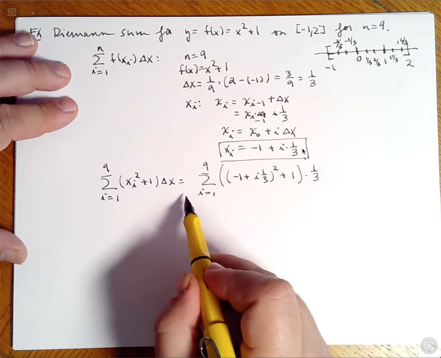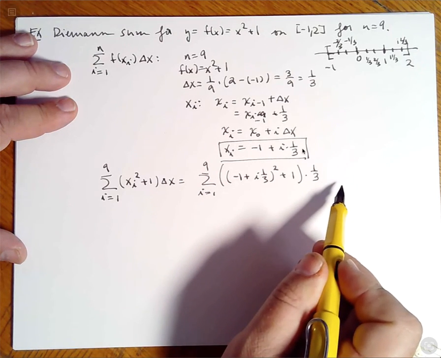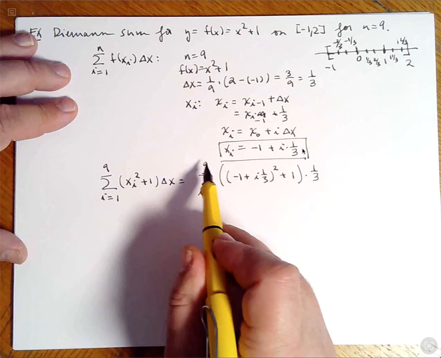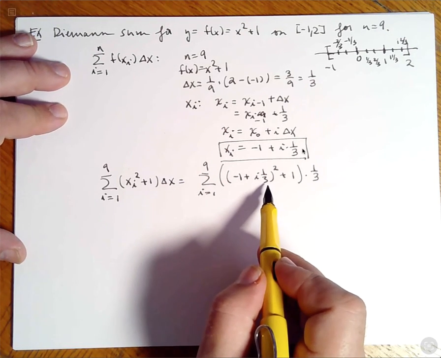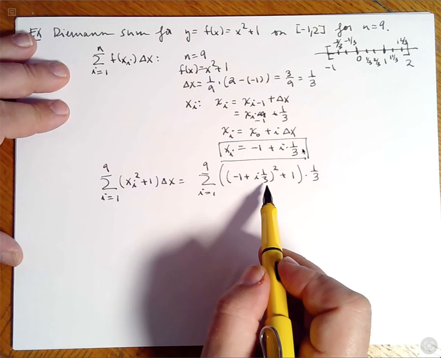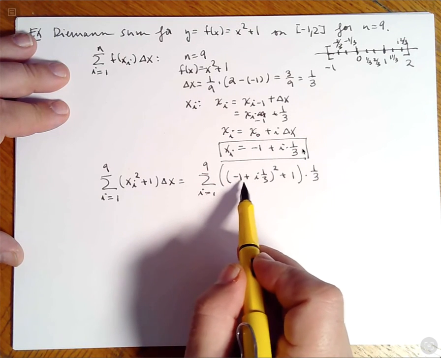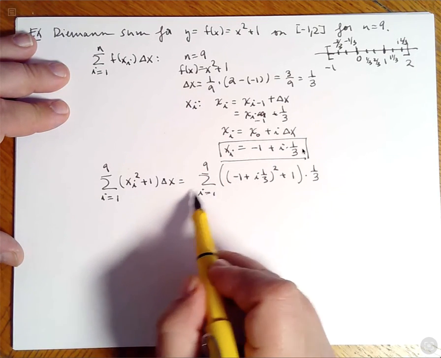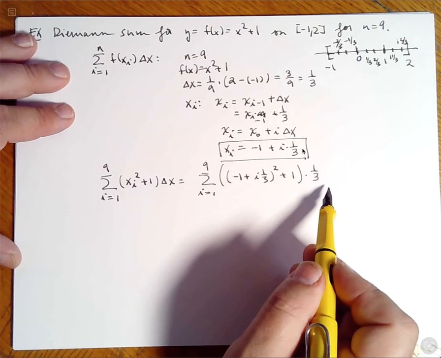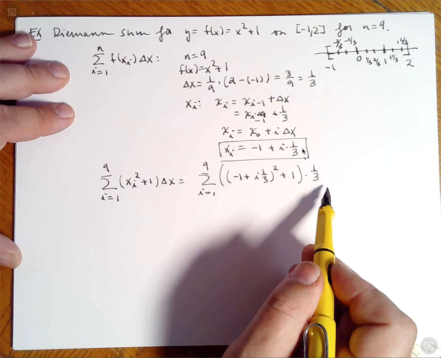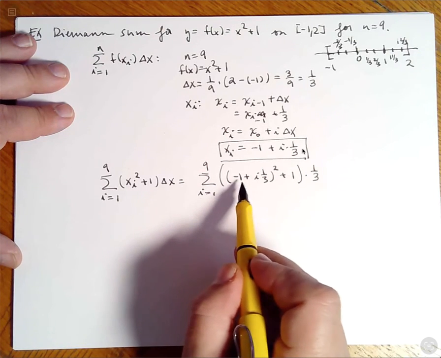And even just looking at the sum, I've got 9 subintervals, each of width 1/3, so that means my interval is of length 3. The left endpoint is minus 1. So just looking at the sum, you know that you're doing a Riemann sum from minus 1 to 2, an interval of length 3, starting with minus 1 at the left.